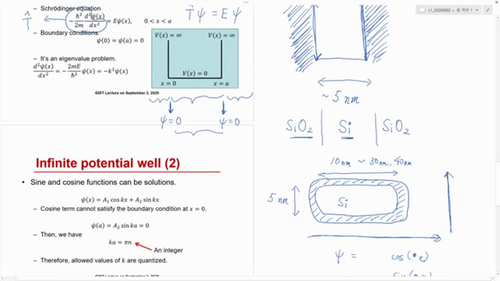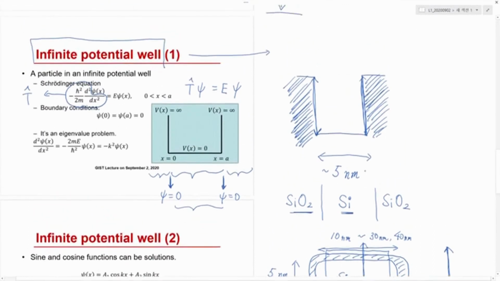Therefore, in the first approximation, we can treat this system as just confined along this direction, and the cross-sectional view can be looked at as just this one-dimensional infinite potential well problem.